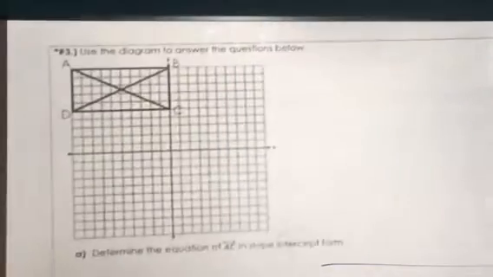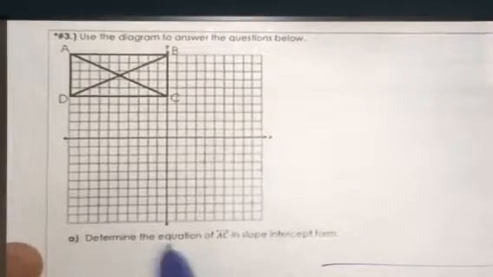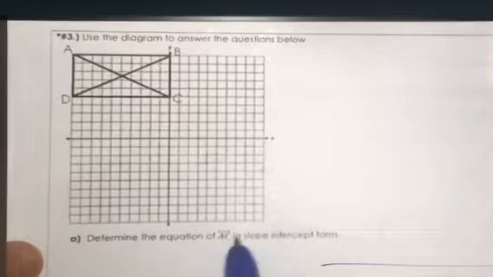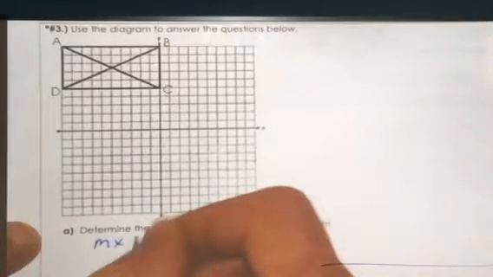Problem number 3. Use this diagram. Determine the equation of AC in slope-intercept form. So here I get a reminder that I'm looking for mx plus b. Now let's see if I can figure out a slope for AC.